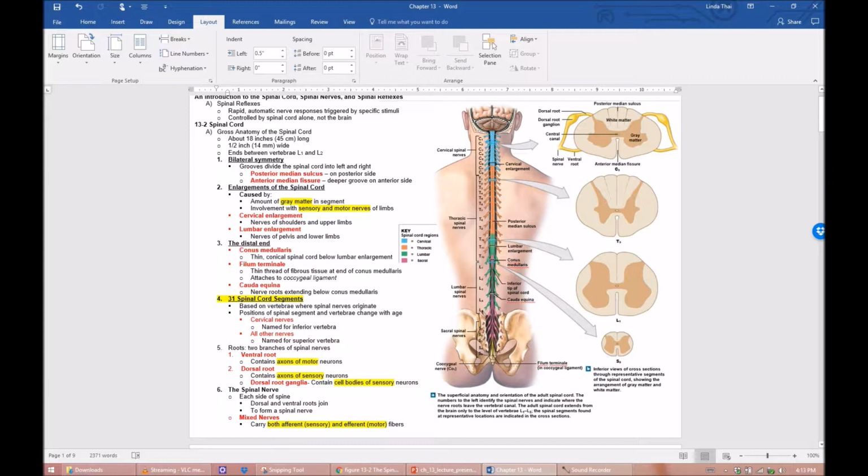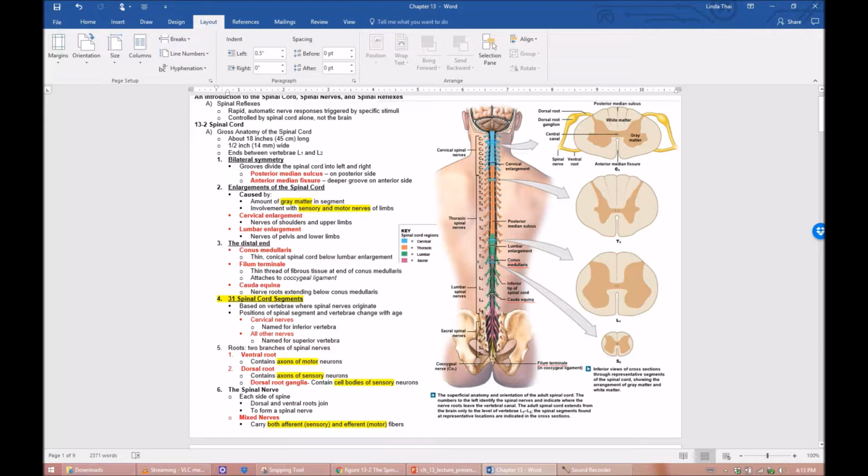Then we have the filum terminale right here, which literally translates to thin strand. So this is a thin strand of fibrous tissue at the end of the conus medullaris, and this attaches to the coccygeal ligament.